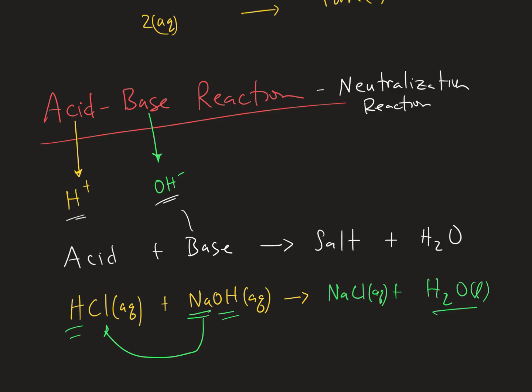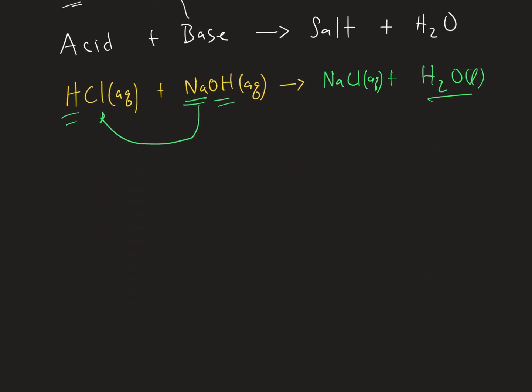That looks like a base, right? But for it to be an acid-base reaction, you have to have an acid and a base. Is H2SO4 an acid? How do you know it is? Because H is the cation and sulfate is the anion. You with me? So let's write this out.